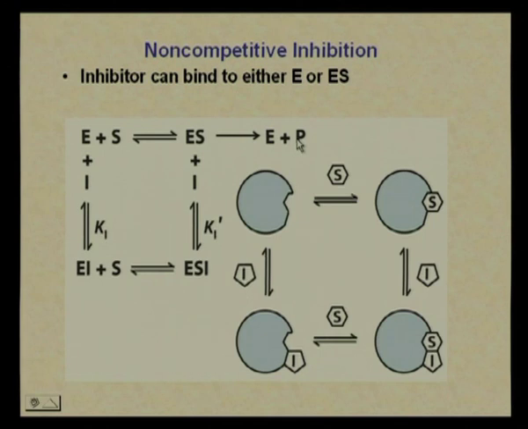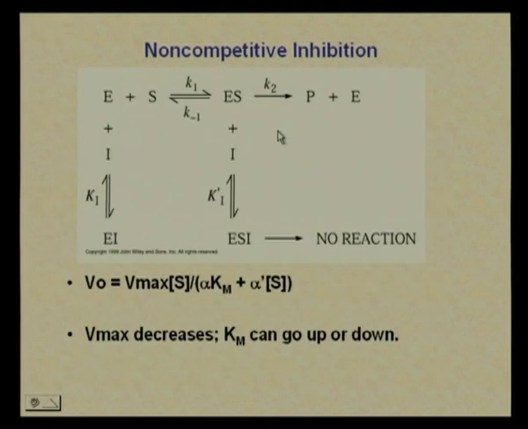Okay. So, the feature of non-competitive inhibition is that the inhibitor can bind to either the enzyme or the enzyme substrate complex. Okay. And it is only the enzyme substrate complex that eventually will form the product. So, we have EI, and this ESI is also not going to give any reaction. It is only the ES that is capable of giving us the reaction.